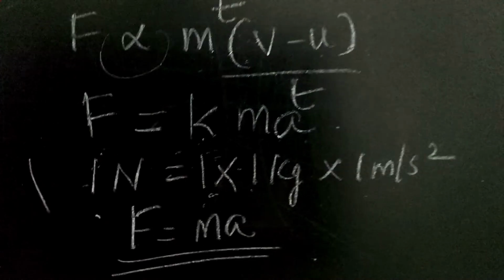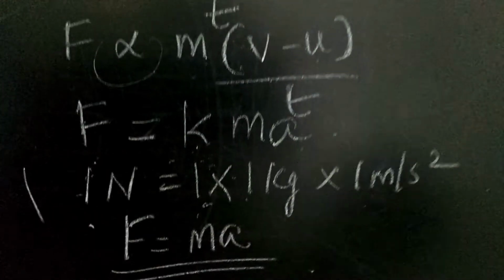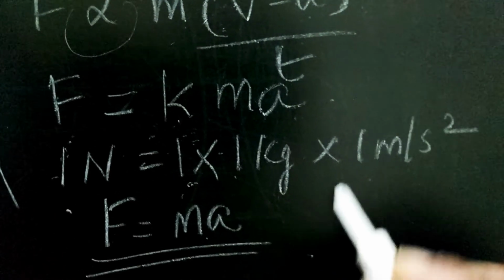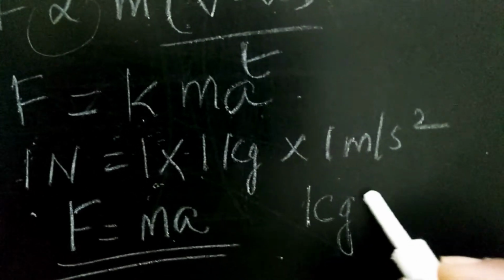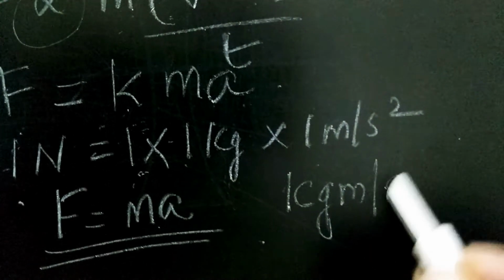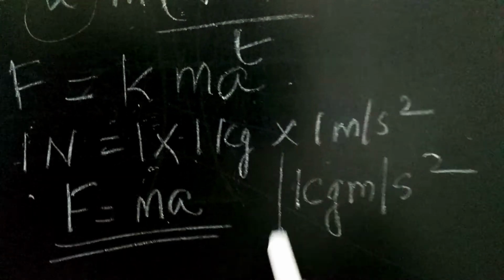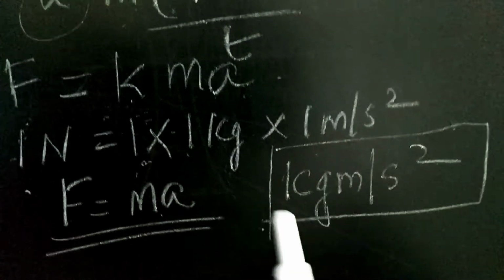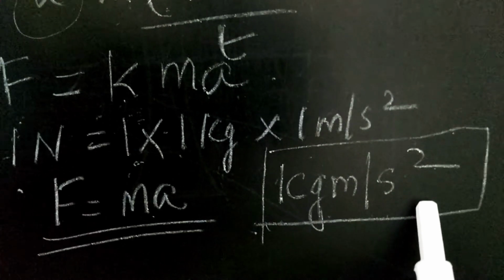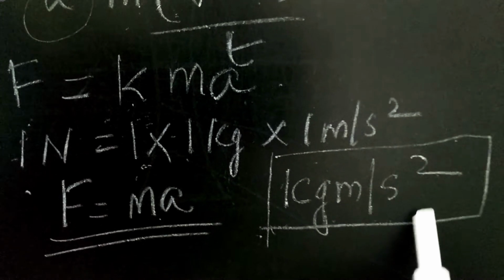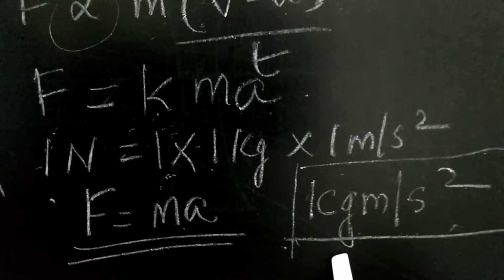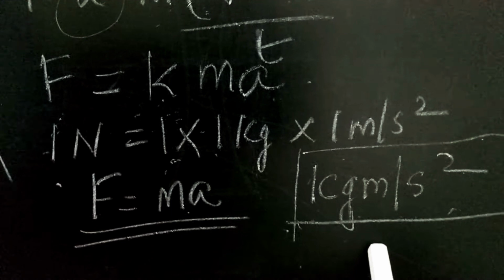Now, to find the derived unit, here mass is in kilogram and acceleration in meter per second square. So what will be the SI unit? Actually it is kilogram meter per second square, but in honor of the great scientist Sir Isaac Newton, we take the unit of force as Newton.